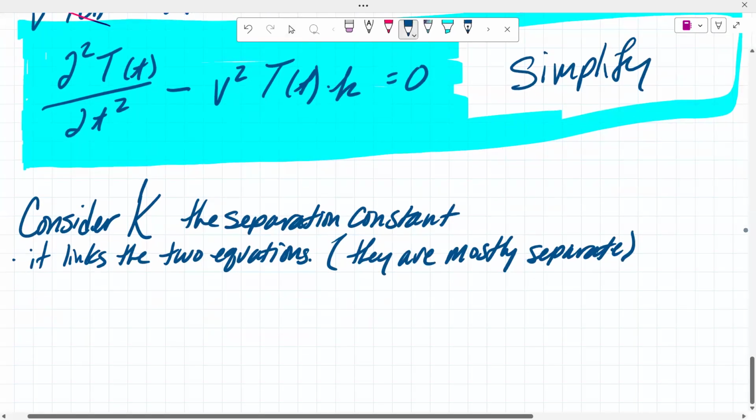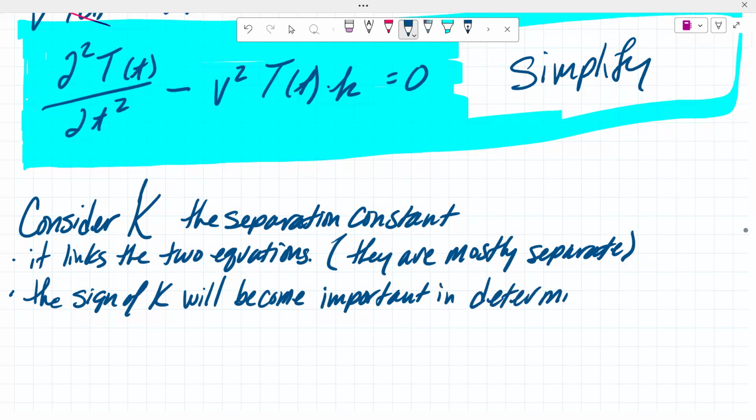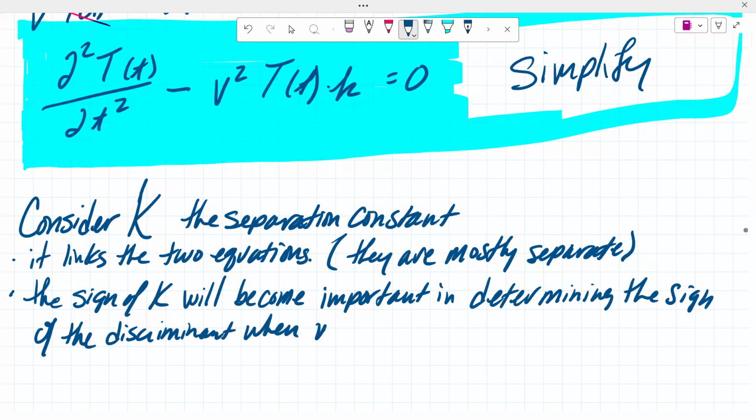The sign of k will become important in determining the sign of the discriminant when we solve the second order differential equation. Okay. There are three cases.